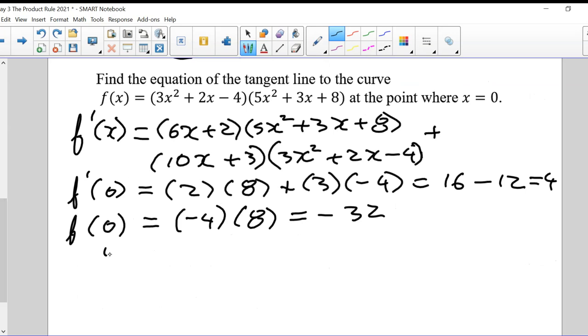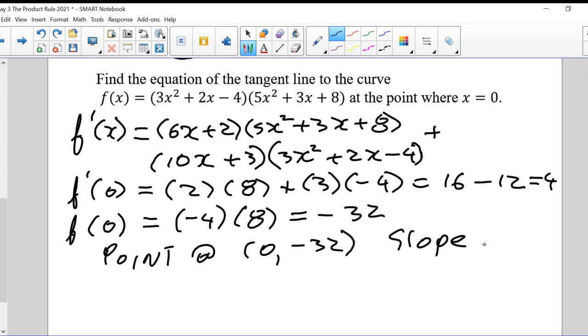So here's the point that we have: a point on this original function at 0, minus 32. And the slope at this point of contact is equal to 4. So now, when I asked the question earlier on and was told by Cauchy that I should use y equals mx plus b, I'm going to use y equals mx plus b now.